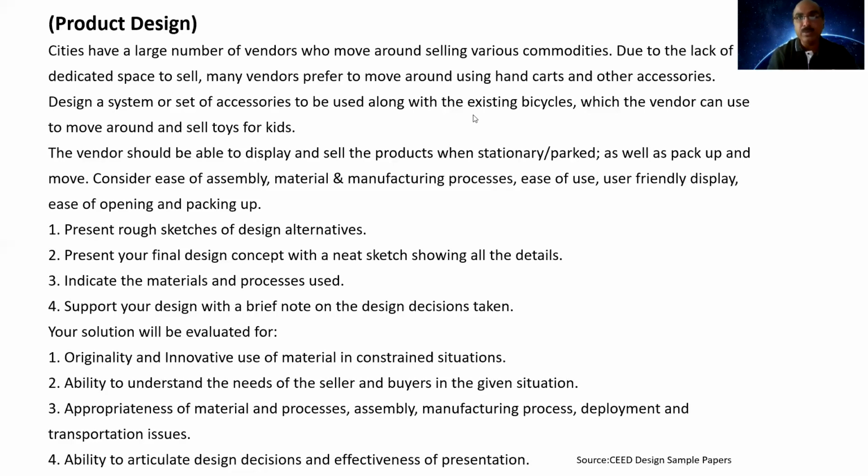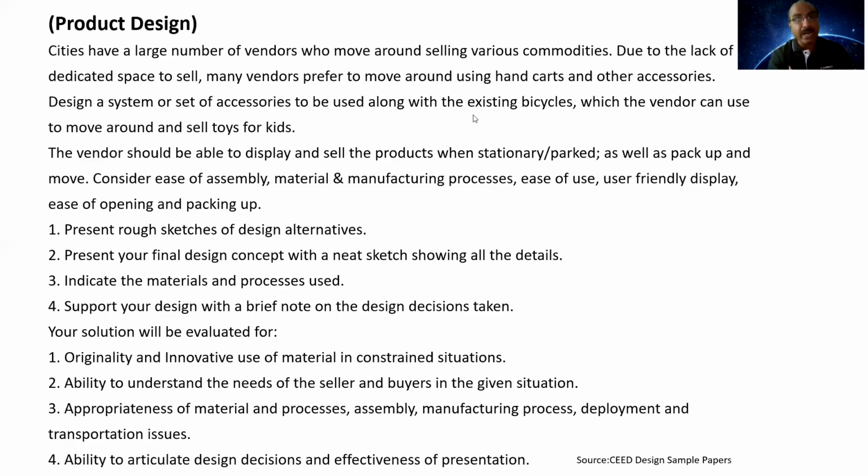The vendor should be able to display and sell the products when stationary or parked, as well as pack up and move. Consider ease of assembly, the material and manufacturing processes, ease of use, user-friendly display, so that engagement of the user with the display may happen.